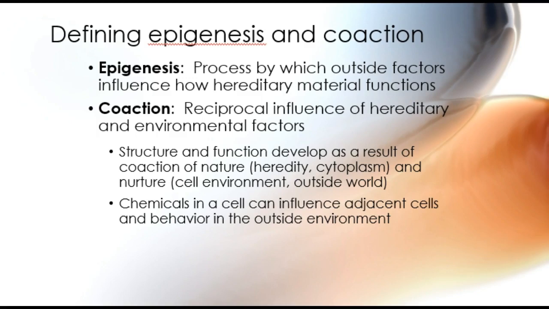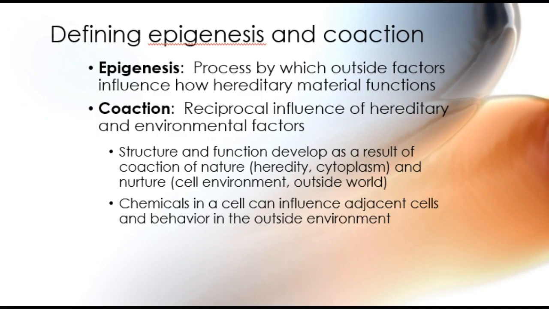The term epigenesis has evolved with the progression of science, and it's now defined more specifically as a set of processes by which factors outside of hereditary material itself can influence how hereditary material functions. These factors that we're talking about are environmental. This can include the chemicals in the cytoplasm of the cell, which constitutes the immediate environment surrounding the chromosomes, to factors in the cells and tissues adjacent to the cell, all the way to factors beyond the body itself, such as heat, light, and even social interaction.